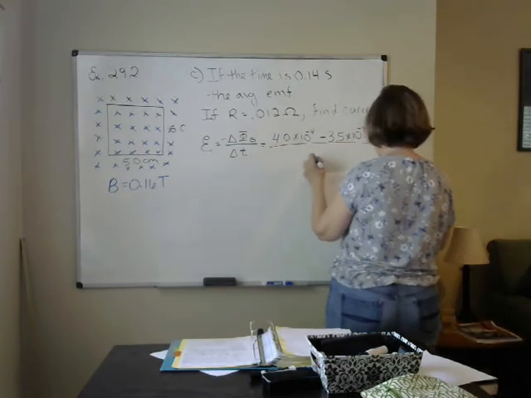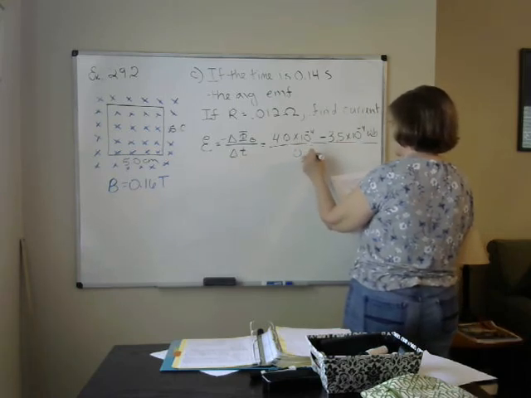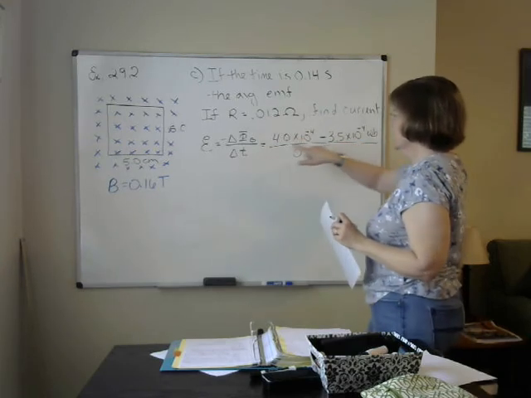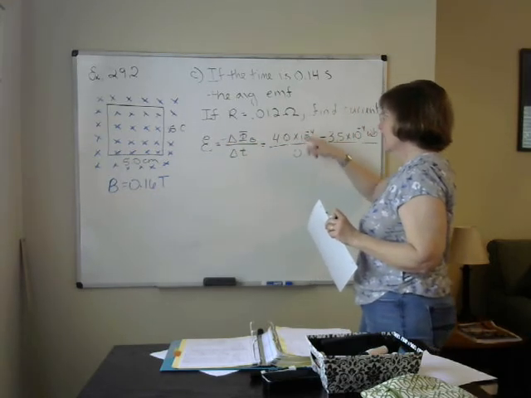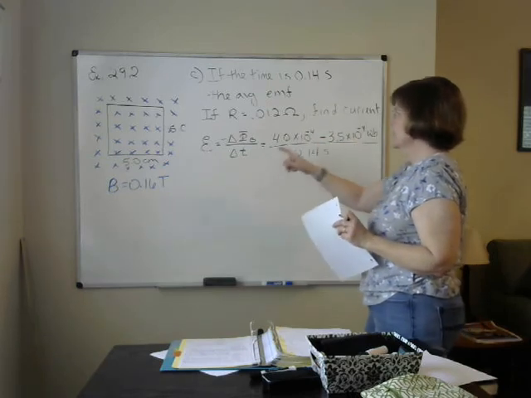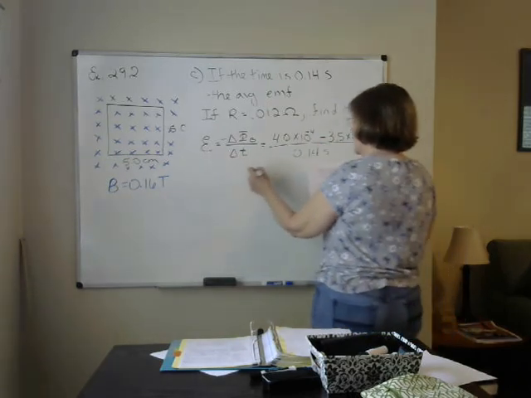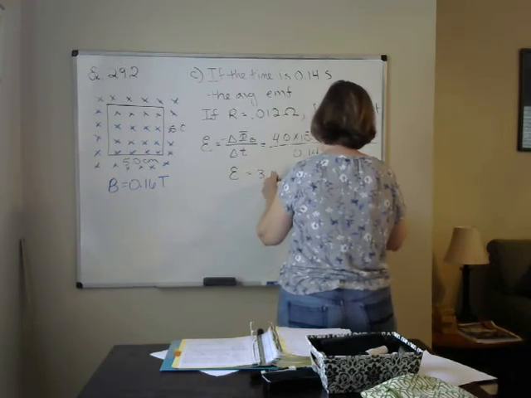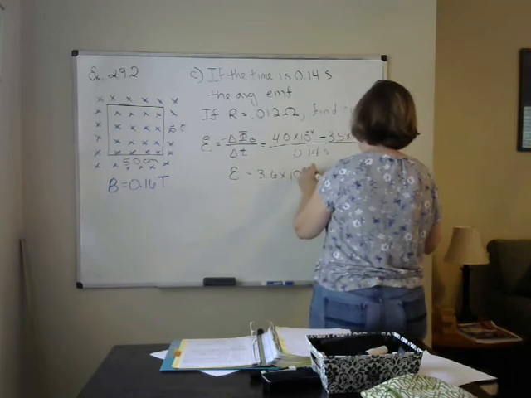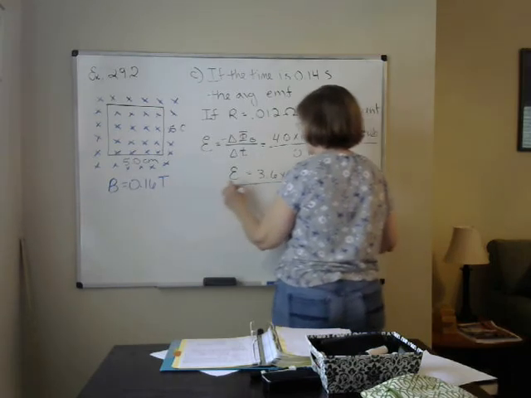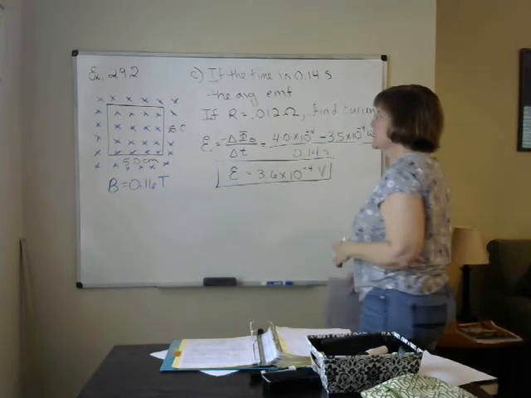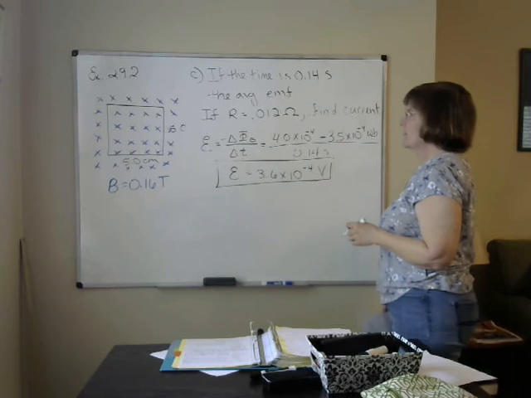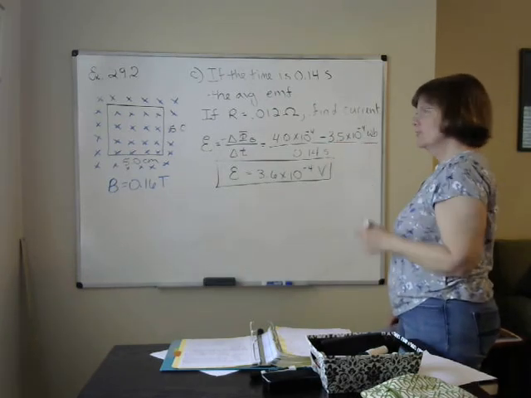And the time it took for that to happen is 0.14 seconds. Normally we put final minus initial. There was a negative sign here, so I did initial minus final. I just reversed it. Okay. So if I put all of that in, I find out that my induced EMF is 3.6 times 10 to the negative 4. That's in volts. We are inducing an EMF, a voltage, in that square by rotating it, by changing the flux.